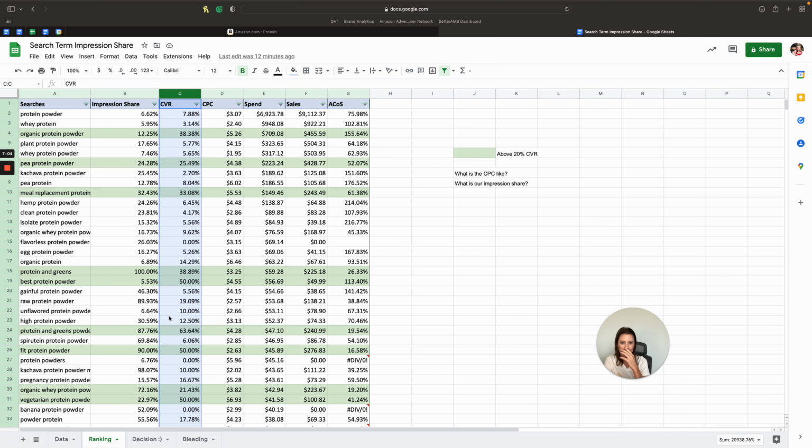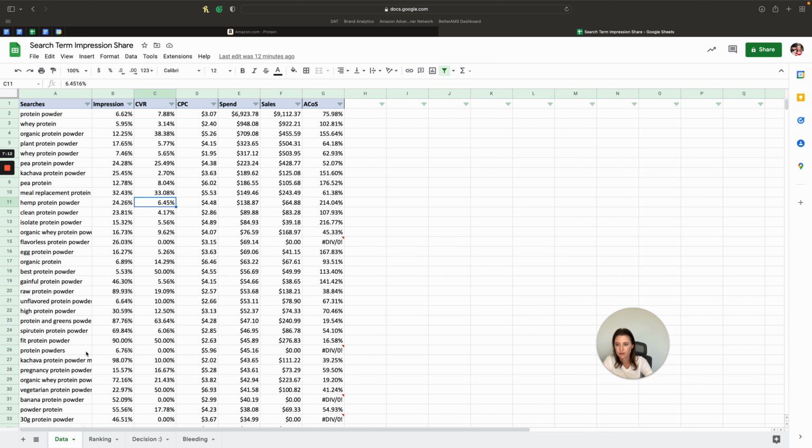So one of the first things I love looking at is everything that has a conversion rate above 20%, right? In the average for this category, you can see it goes from our highest top of the funnel keyword at 8% conversion rate to some of these long tails, you're seeing 10, 20, 30, fit protein up to 50% conversion rate.